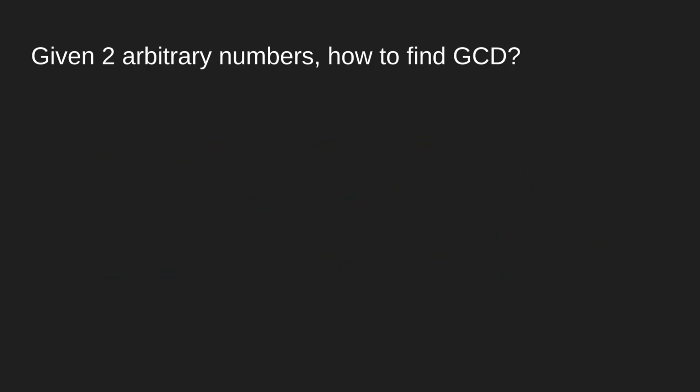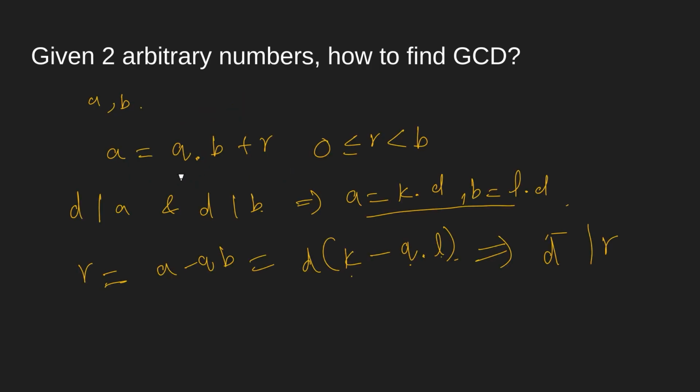With this idea, we can extend the algorithm like this. Let's rename a to be r0 and b to be r1. We can write r0 is equal to some q0 times r1 plus r2. We have just learned that the GCD of r0, r1 should be equal to the GCD of r1, r2 because of this fact: if d is the GCD of a and b, it implies d divides a and d divides b, so d also should divide r.